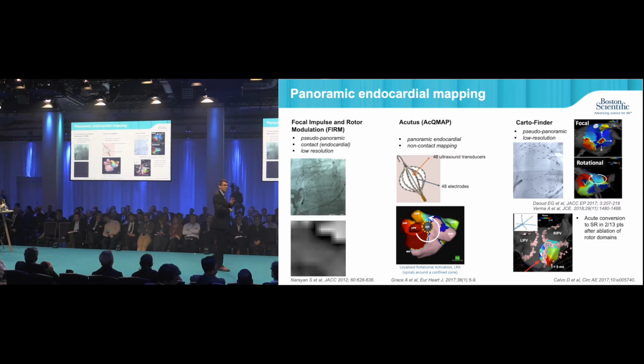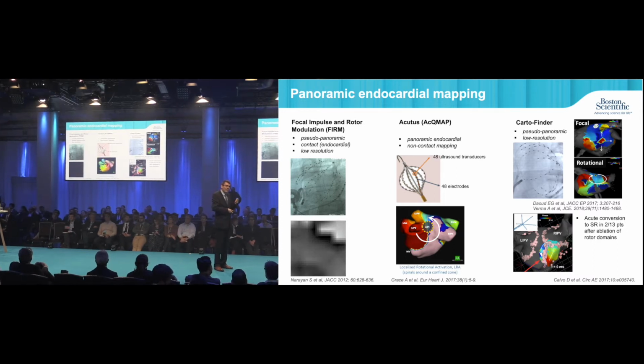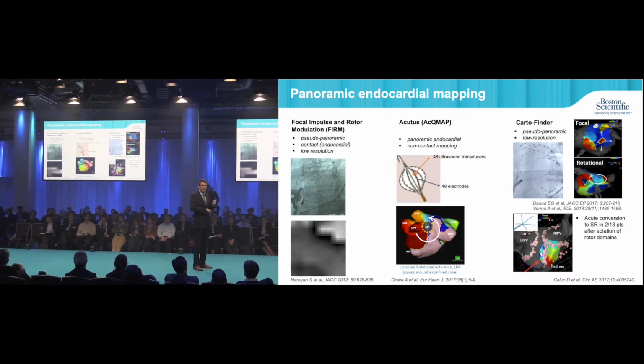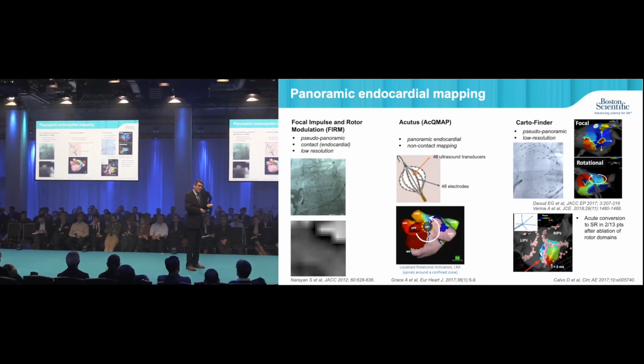The first one was based on the big basket, a pseudo-panoramic low-resolution mapping, which was very quickly abandoned. Then they brought a new sequential mapping-based module with the PentaRay, with phase mapping, also abandoned. And now they are using the sequential technique and unipolar mapping in order to show potential drivers for atrial fibrillation.